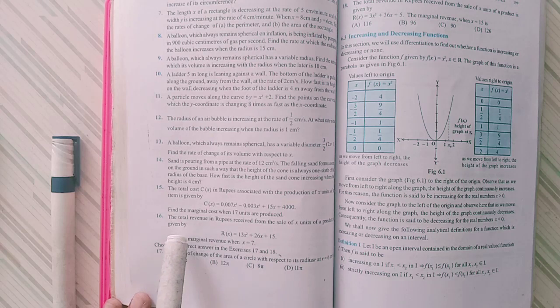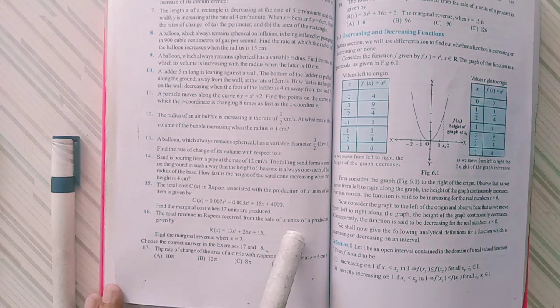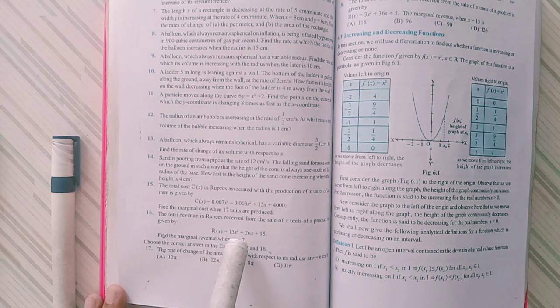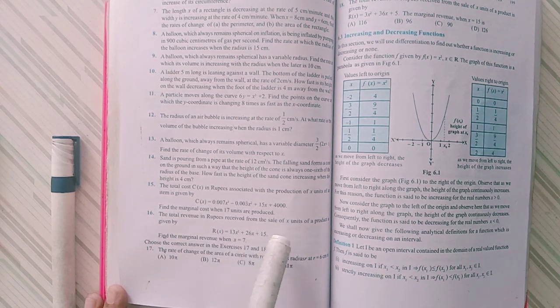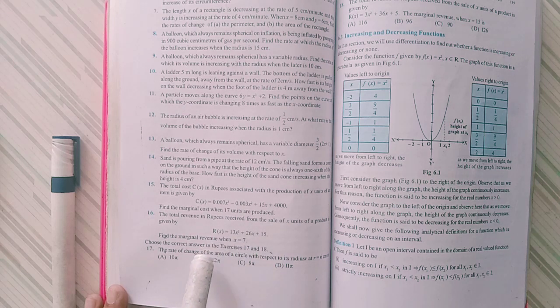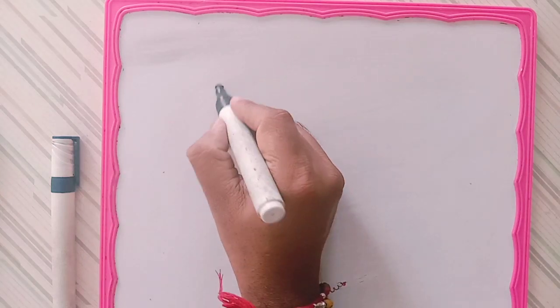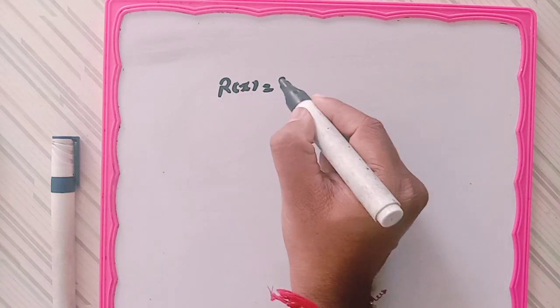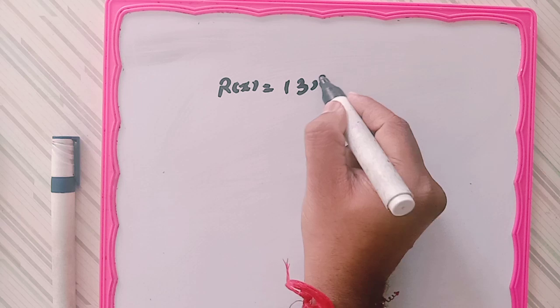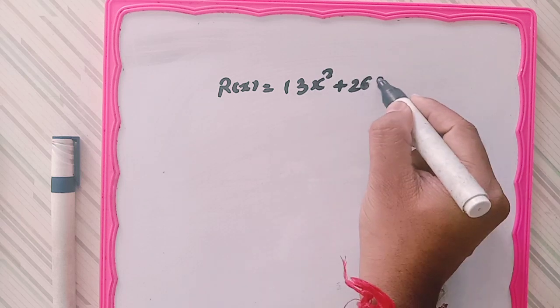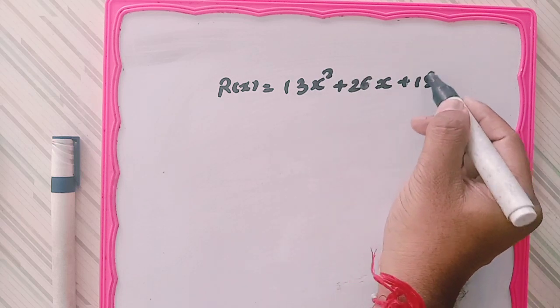16th question: we have the total revenue in rupees received from the sale of x units given by R(x) equals 13x squared plus 26x plus 15. If x is 7, then find dR/dx. So dR/dx we need to calculate. So the revenue function with respect to x is given, 13x squared plus 26x plus 15.